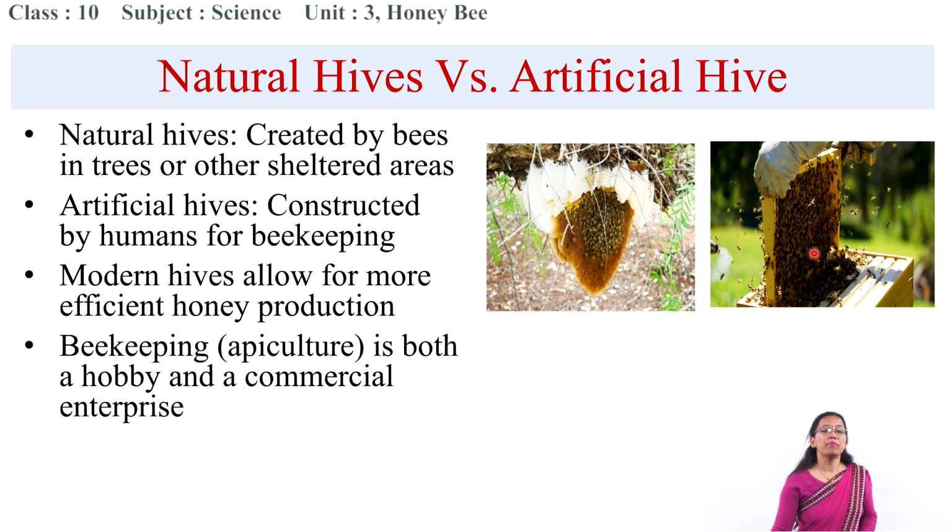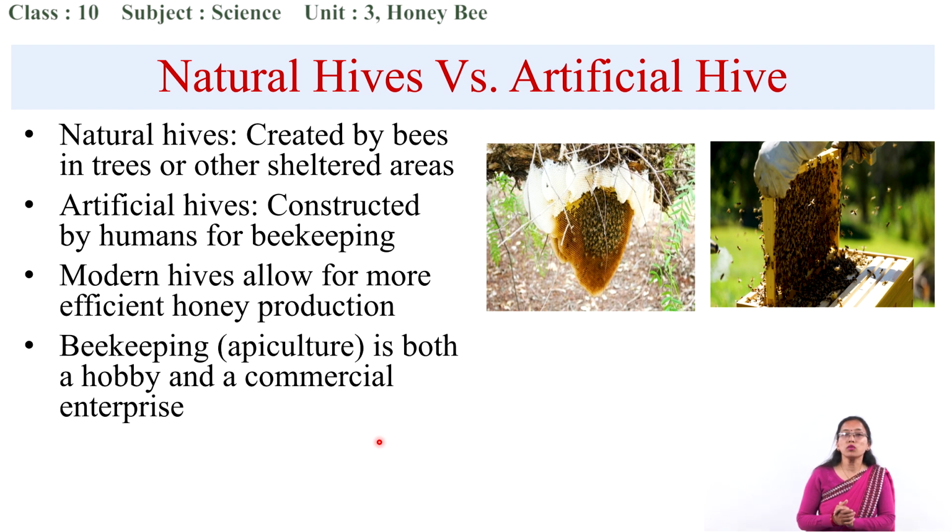And beekeeping, the rearing of honeybees for commercial production, is called apiculture. Apiculture is both a hobby and a commercial enterprise. Some people rear honeybees as a hobby, but some cultivate them for commercial production, that is, for business purposes also.